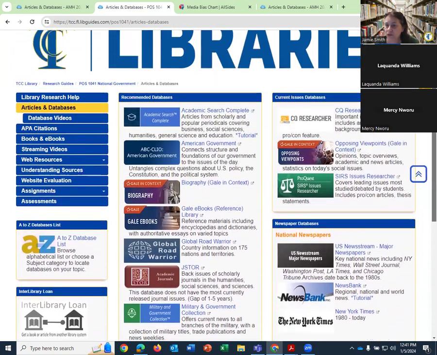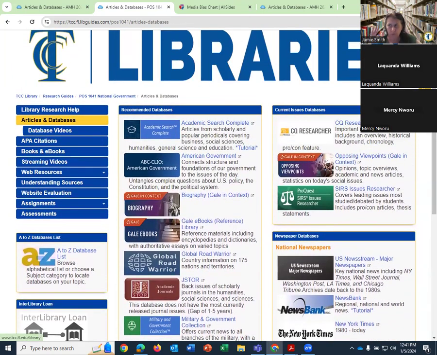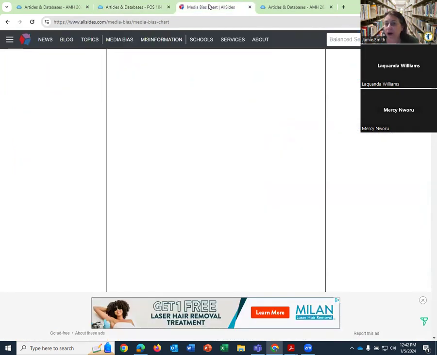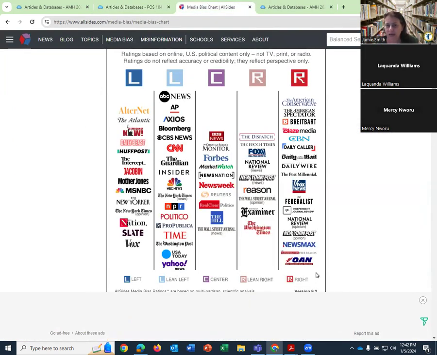One of the instructors, or several instructors, might want you really looking at current events. So political science people read the news or watch the news, but they want you to understand bias. So they'll give you a handout similar to what I'm showing here. And it will have the things that are left leaning and the items that are right leaning.